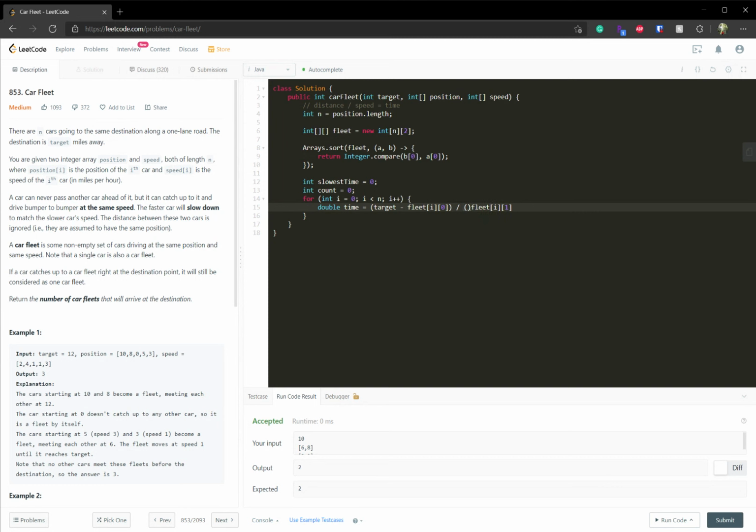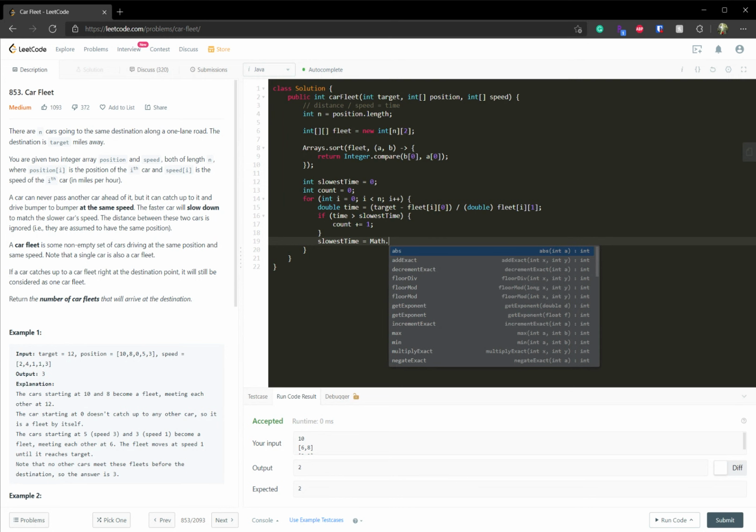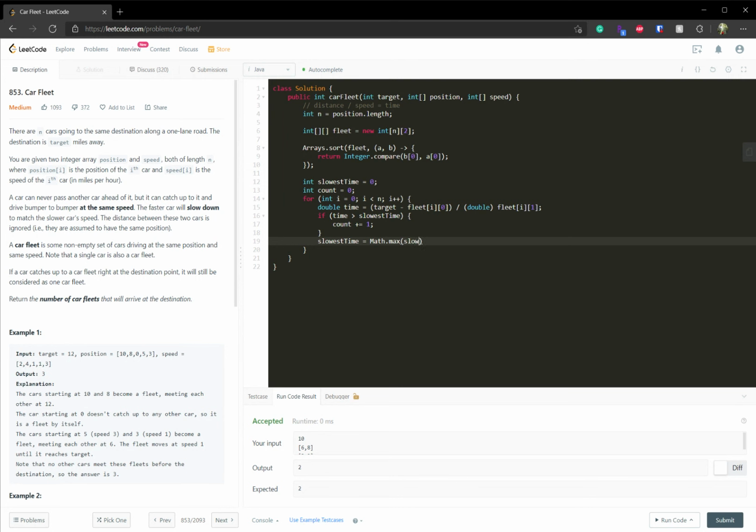We want this to be double, so our result is a double. If this time is taking longer than the slowest time we've seen so far, we increase count by 1, and we also maintain the slowest time at our current time.